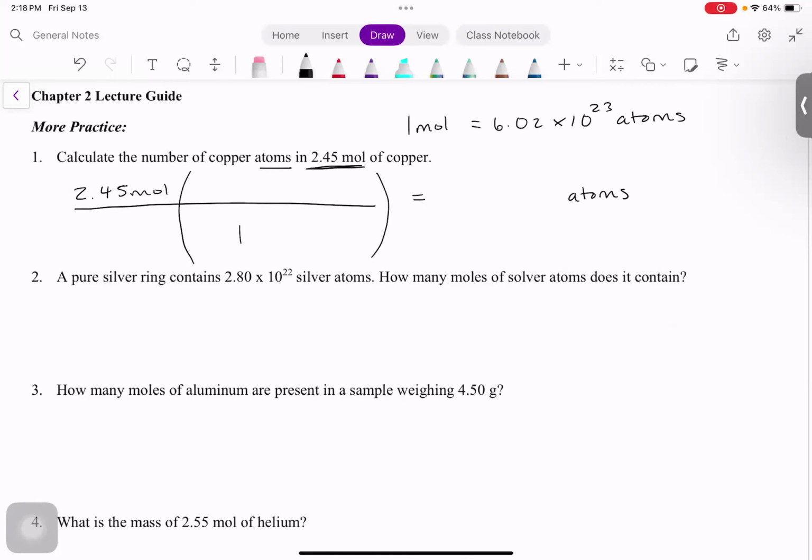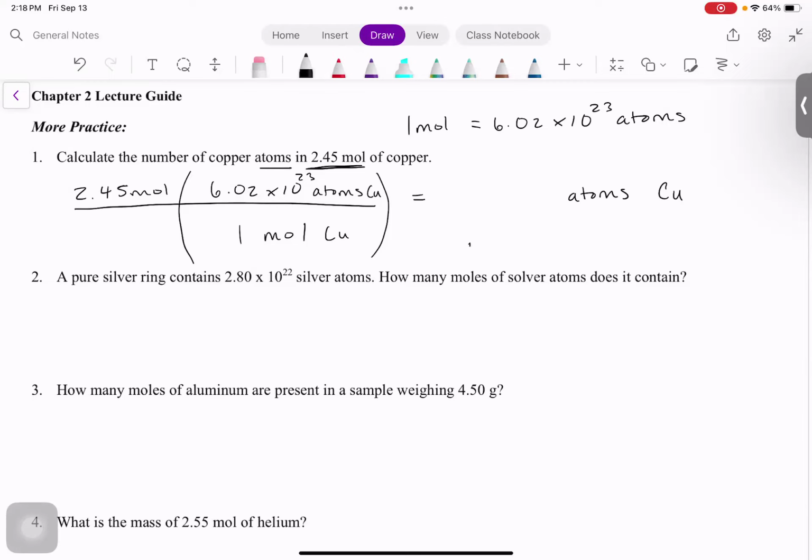I'm starting with moles, so I put mole in the denominator. 6.02 times 10 to the 23rd atoms of copper. Copper is Cu, the elemental symbol, so I can add that to my unit here, just to be clear. Atoms of copper. So now all I need to do is 2.45 times 6.02 times 10 to the 23rd in order to get my answer.